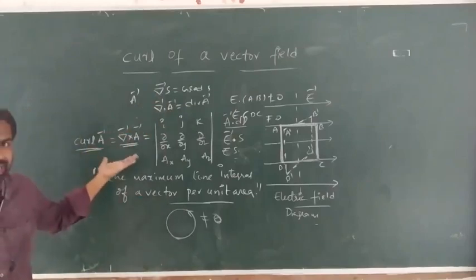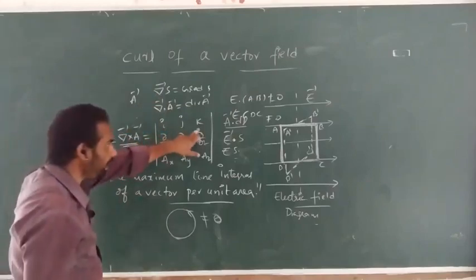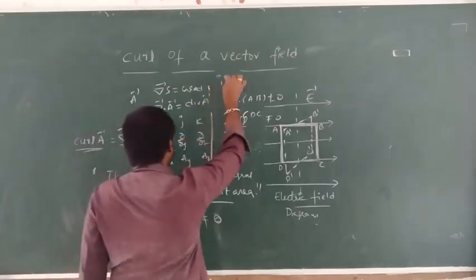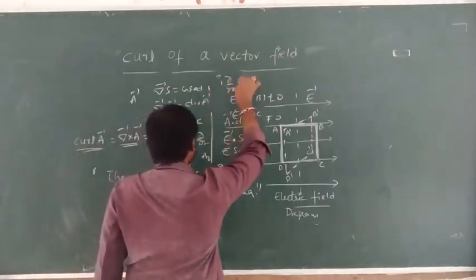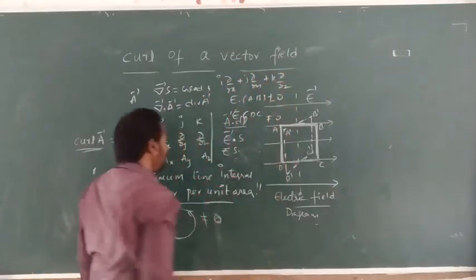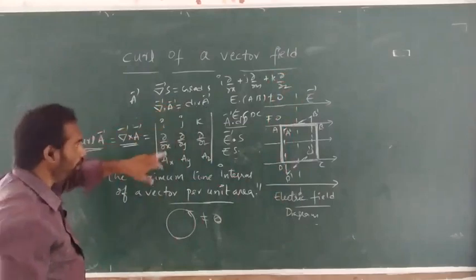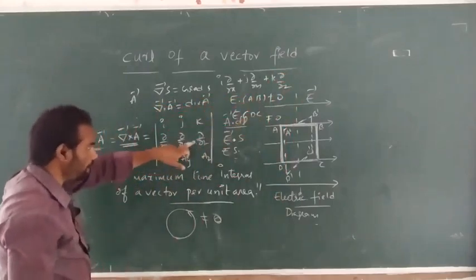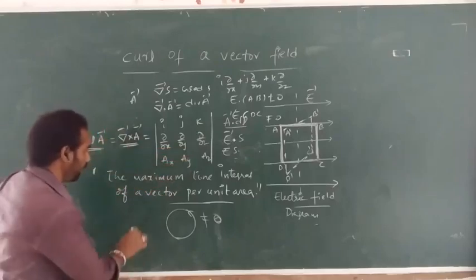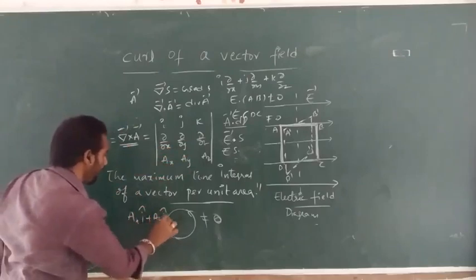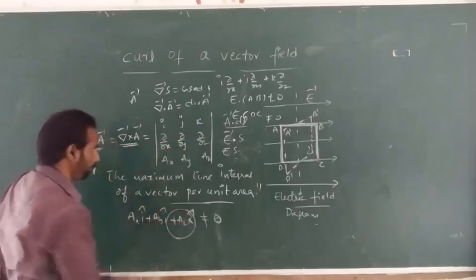What is the cross product A cross B? Simply the determinant of I J K. Here del bar is I dou by dou x plus J dou by dou y plus K dou by dou z. A bar is Ax I cap plus Ay J cap plus Az K cap.